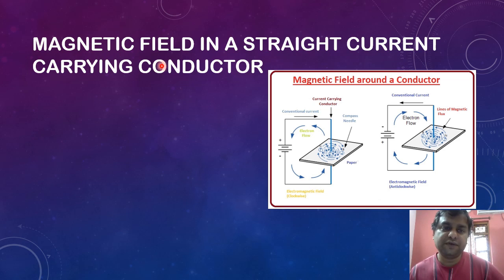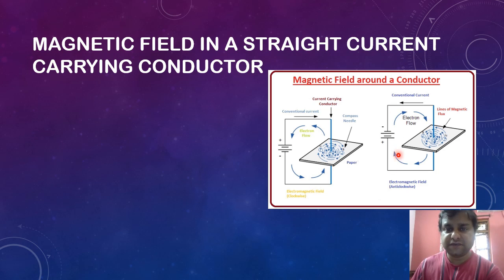Here we look at how a magnetic field is generated in a conductor which is carrying current, and this is a straight current carrying conductor. Okay, because we also have a circular current carrying conductor which we learn in this chapter.